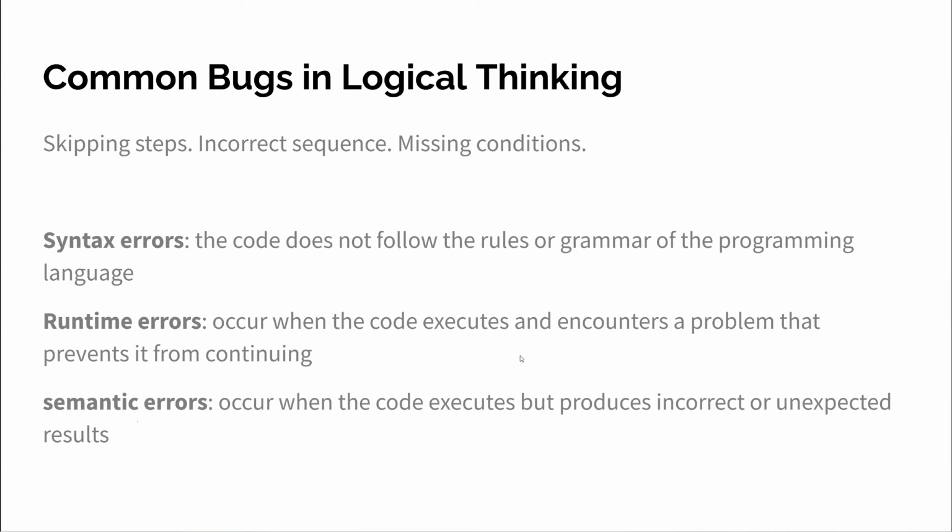Now we have three types of common errors as well. We have syntax errors. In syntax errors, we basically use language that the software doesn't understand. As you know, a programming language is called a language, so we should use certain grammar for that.